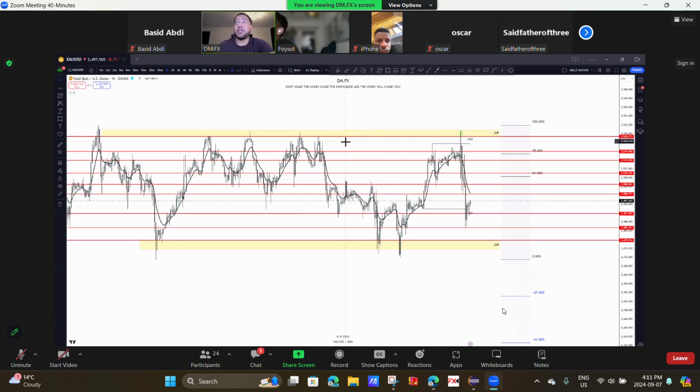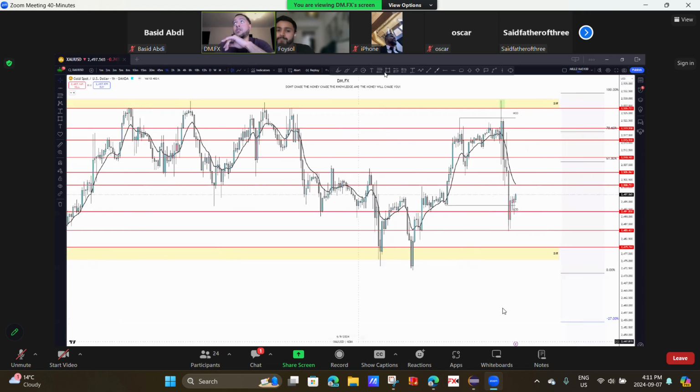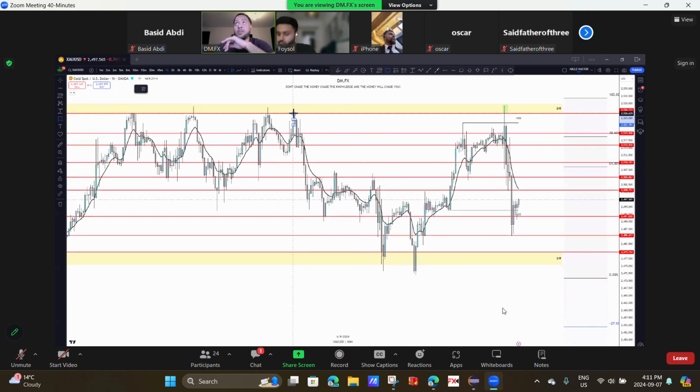Within the support and resistance and key level, what can we even see here? The area of supply. And it doesn't matter if it gets induced. The reason why I say that is because I told you that you don't take a trade until you see a candle close below. So it doesn't matter if it's being induced.